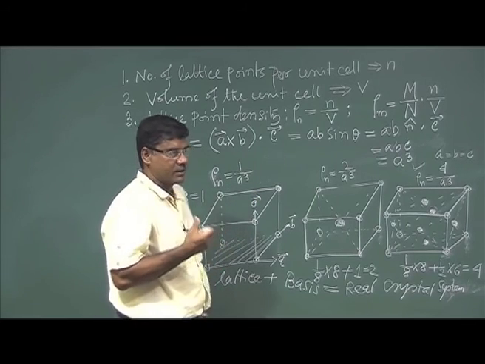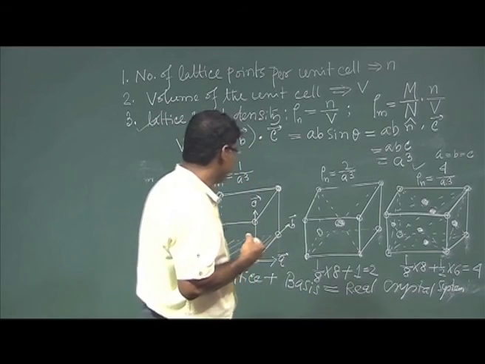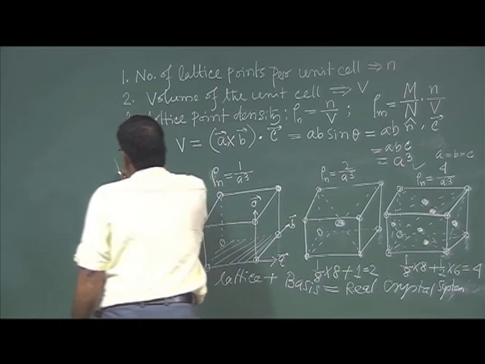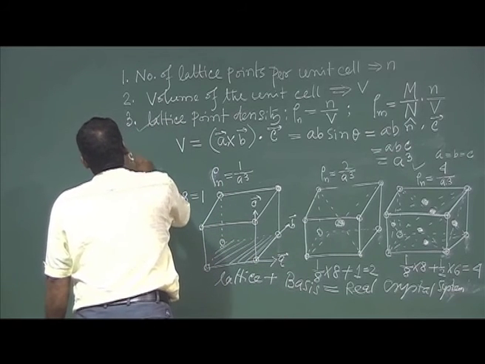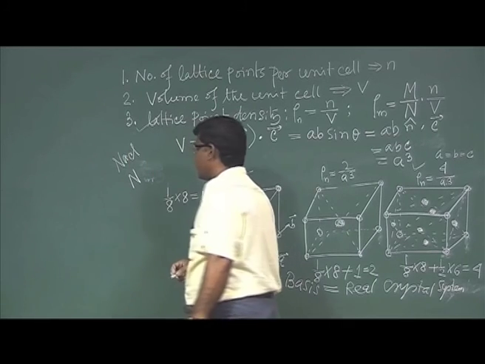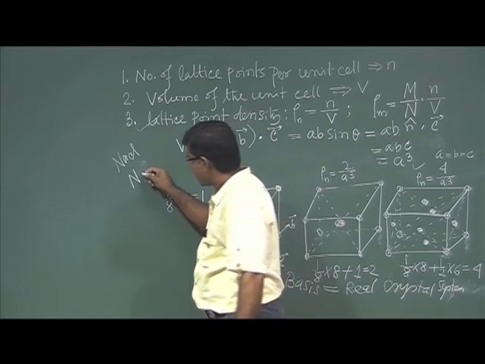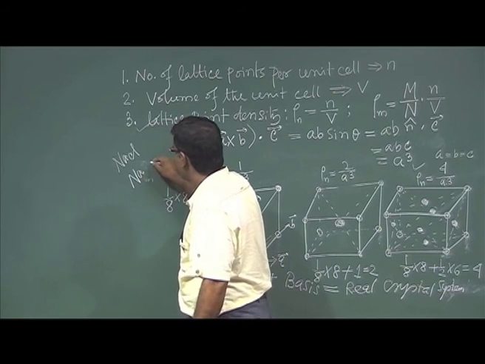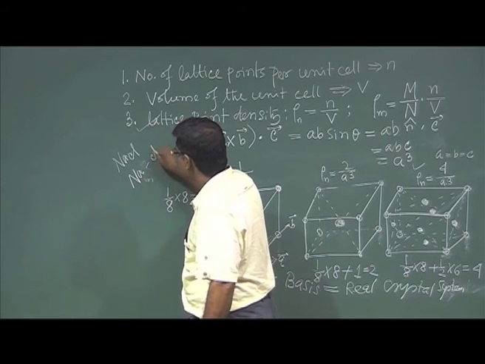If it is two atoms, say sodium chloride, each basis will consist of one sodium and one chlorine atom.